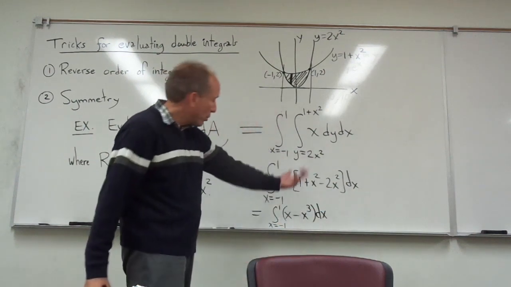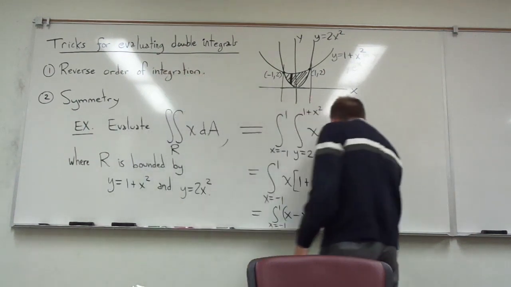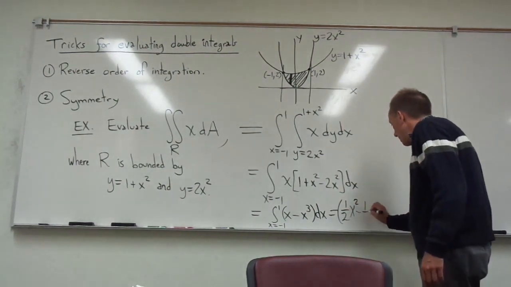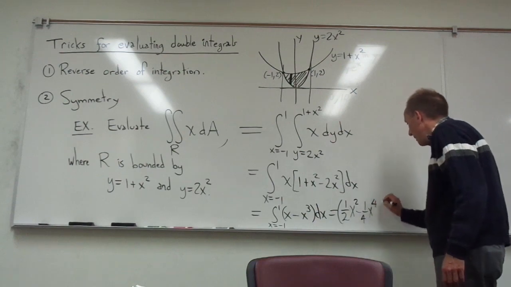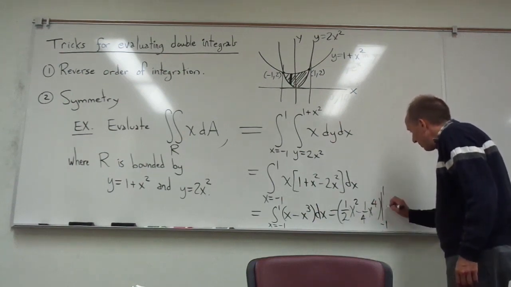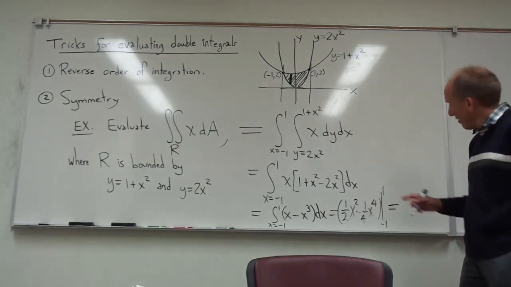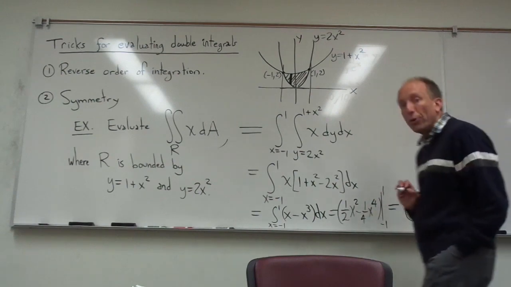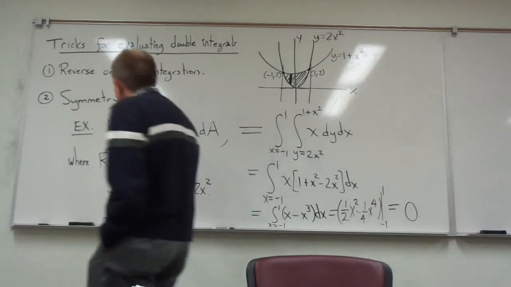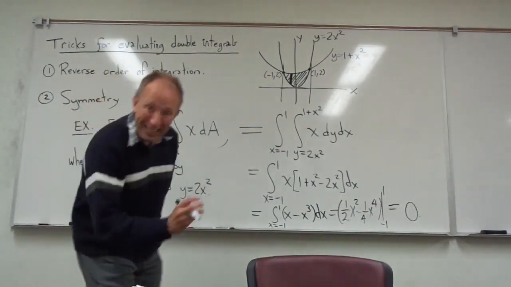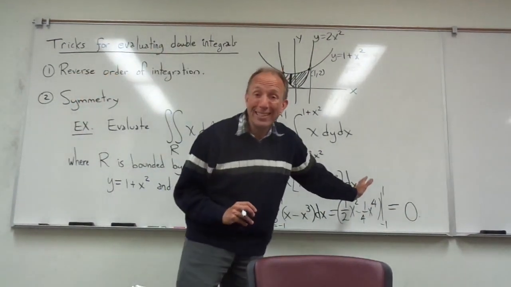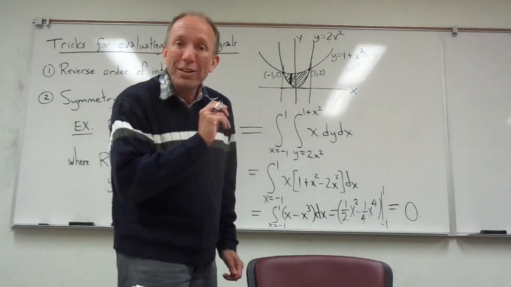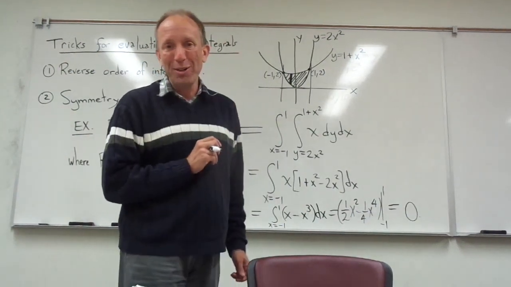Okay, so now I have a pretty easy integral to do here. And if you actually do this integral, 1/2 x squared minus 1/4 x to the 4th, if you evaluate this from the upper limit to the lower limit, you are actually going to get 0. But my point is not all of this work. My point is that I already knew that the answer was going to be 0.